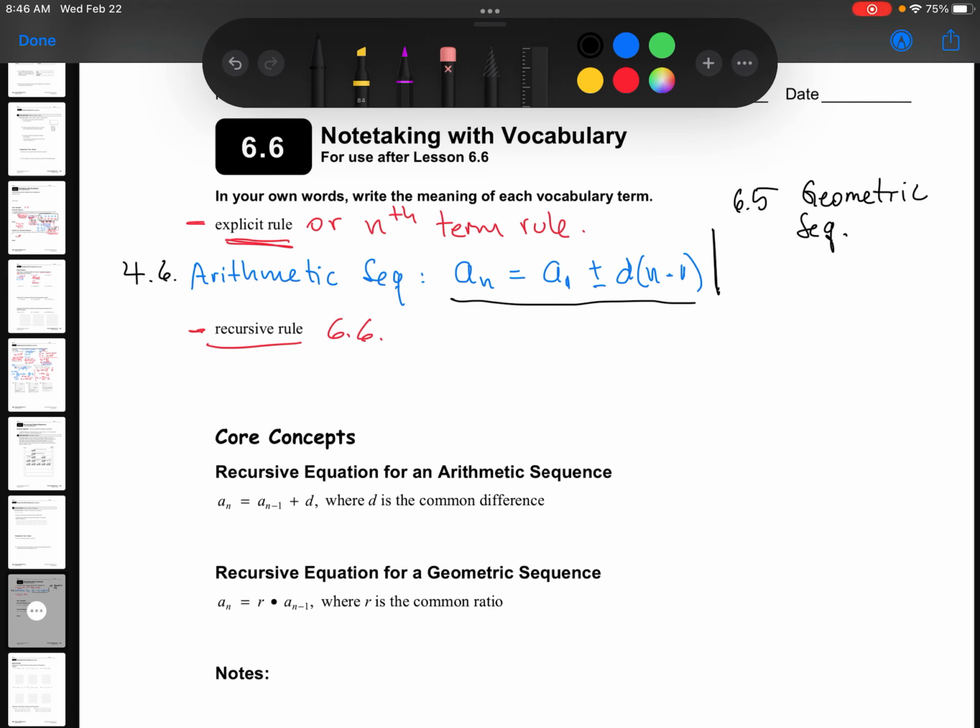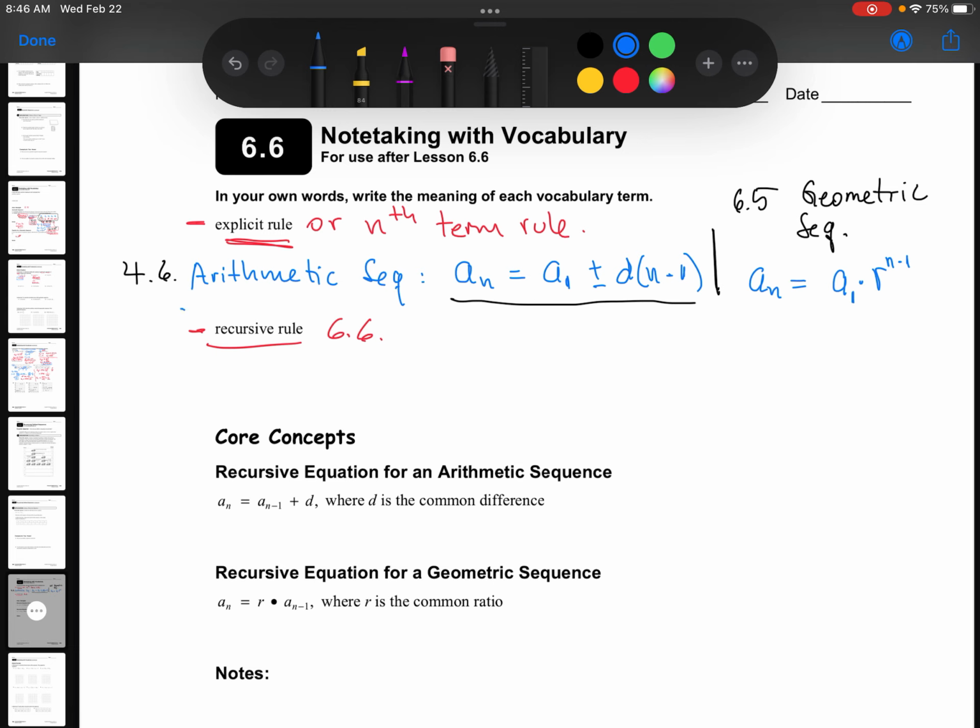And about geometric sequences, we learned that if I wanted to know a given term of the sequence, what I had to do was take the first term again and multiply it by the common ratio. This time it is the common multiplier factor, and I'm going to multiply it n minus 1 times until I find out what the term is. And these are the two explicit rules we've learned so far.